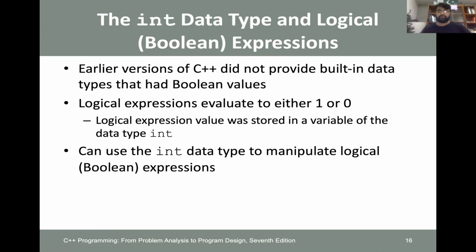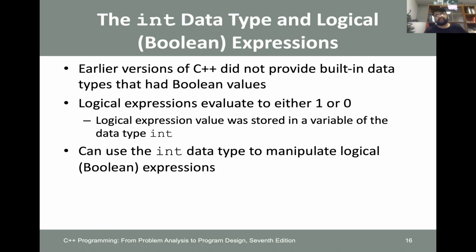That thing has since continued to exist with the later versions of C++. They still allow us to use the int data type to store or manipulate logical Boolean expressions. Hence, at the moment, we can use the int data type as well as the Boolean data type to manipulate logical expressions, evaluate them, store them and work with them.